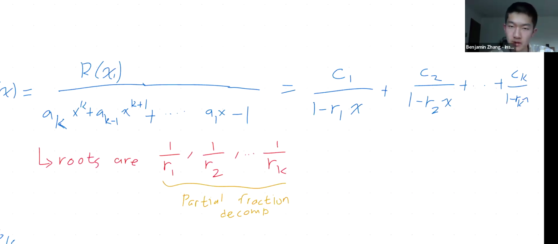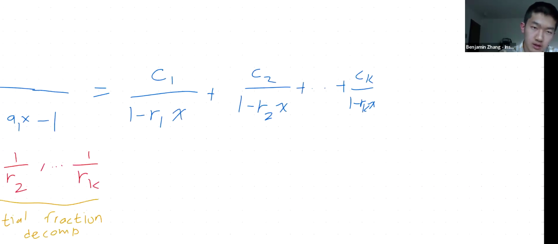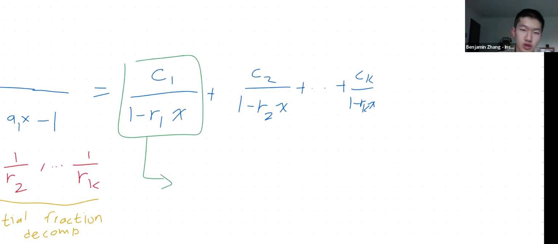Okay. So now what you notice with each of these terms is that all of these can be written as a geometric series, because this is just a simple geometric series, like a over 1 minus r. This is a really simple geometric series. That means that for each one of these, it'd be better to replace these variables.